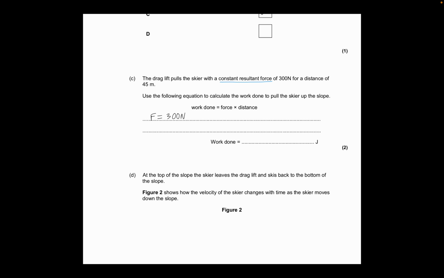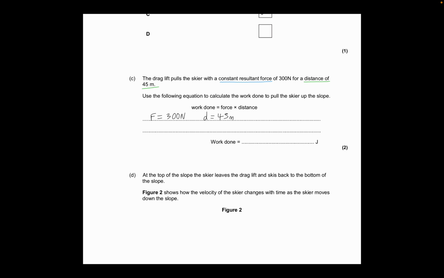On top of that, they've given you the distance. The symbol for distance can be considered as d. Sometimes I think displacement uses the symbol s. So in this case, distance is equivalent to 45 meters.